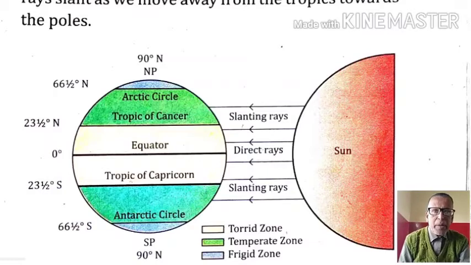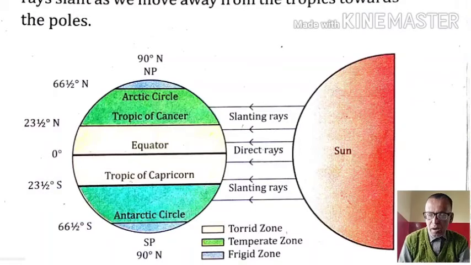Now we come to temperate zone. So 23 and a half degree north to 66 and a half degree north, and 23 and a half degree south to 66 and a half degree south. That region is known as temperate zone.